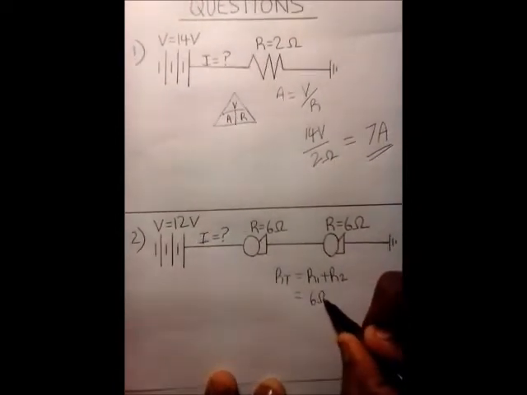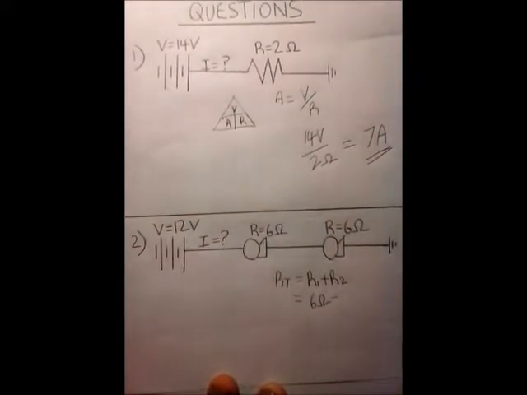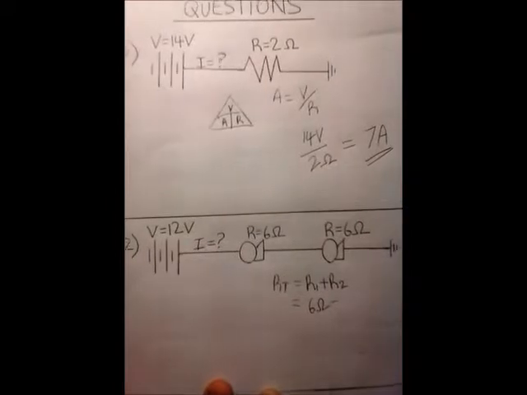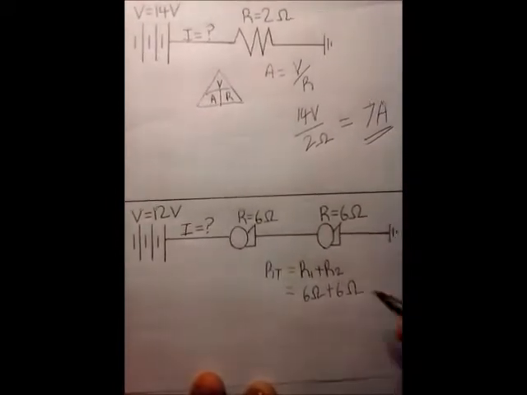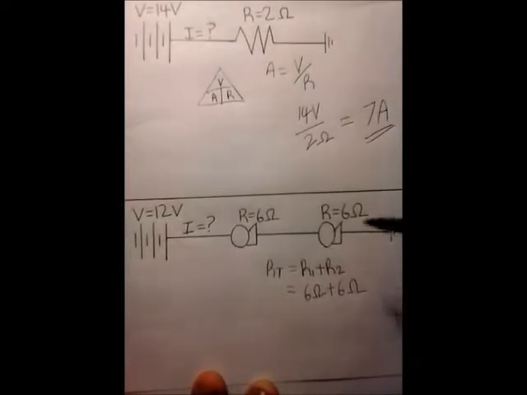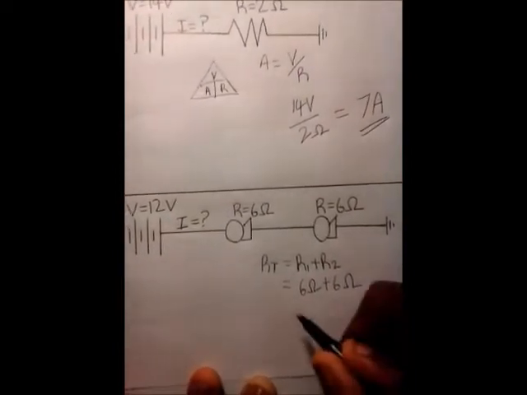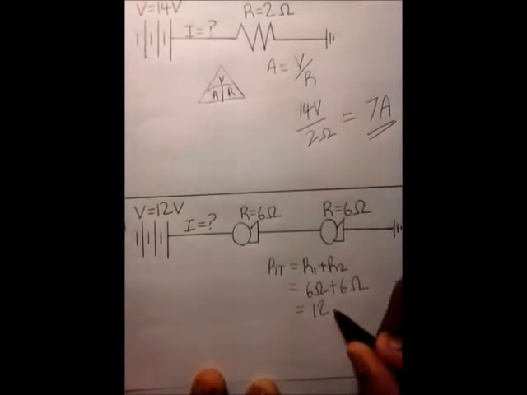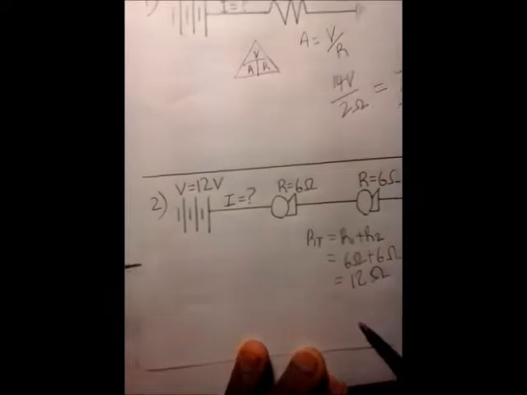That's 6 ohms, the first resistor in our circuit, plus 6 ohms, the second resistor in our circuit, which gives us 12 ohms. Easy. Now the question is not done there.